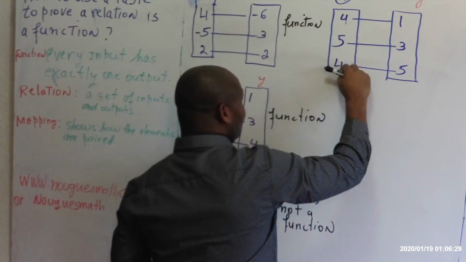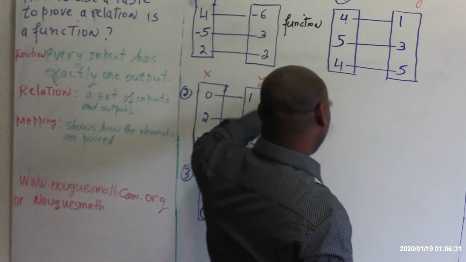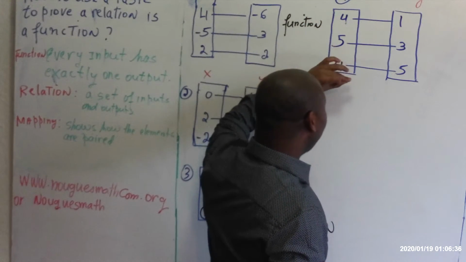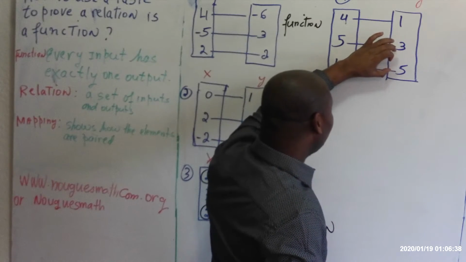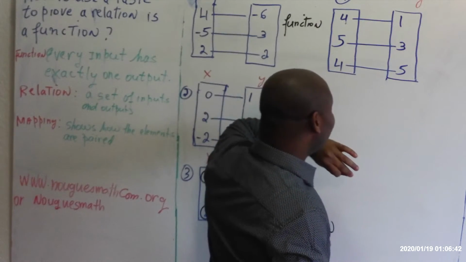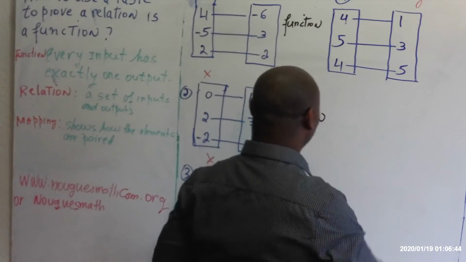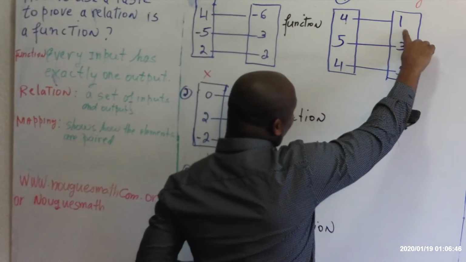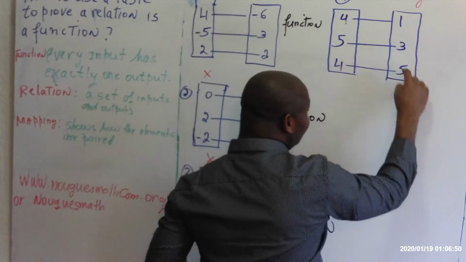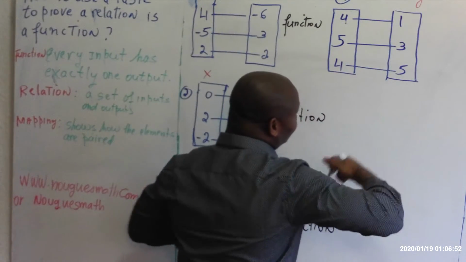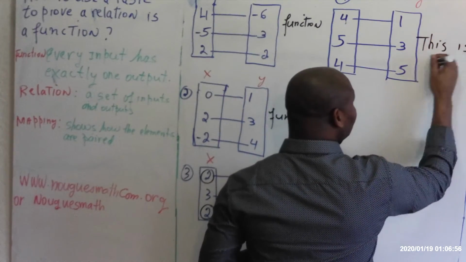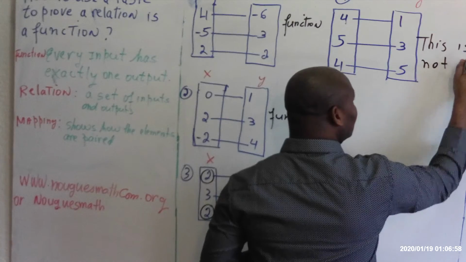They are the same, but they are mapping to different y's. You see, the x maps to 1, the same x maps to 5. So this is not a function.